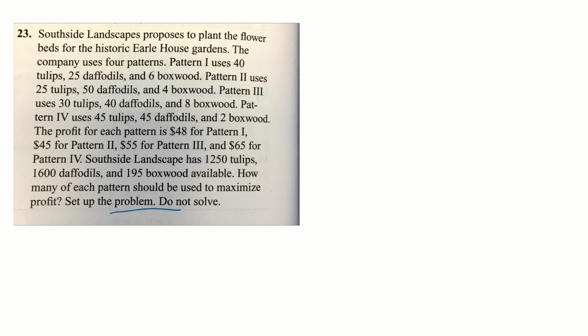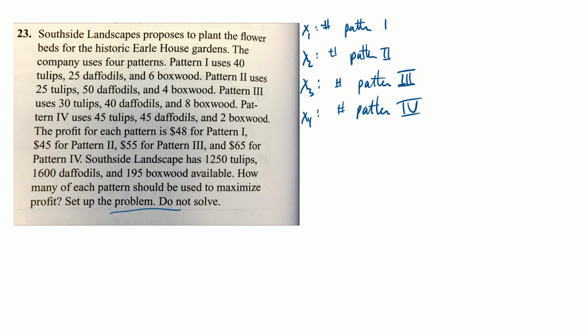So let x1 be the number of pattern 1. x2 will represent the number of pattern 2. x3 will be the number of pattern 3, sorry for writing so sloppily. And x4 will represent the number of pattern 4, and that's it, right?